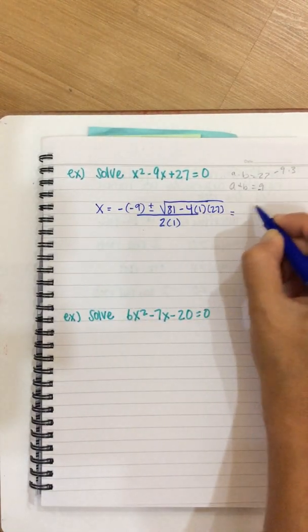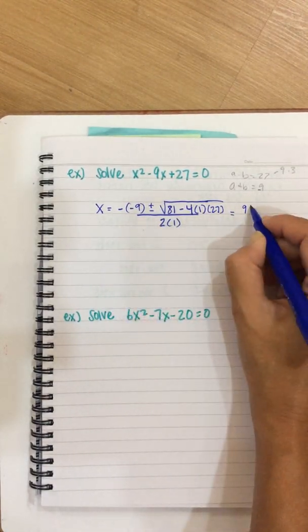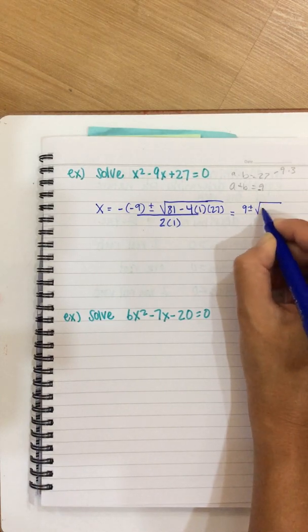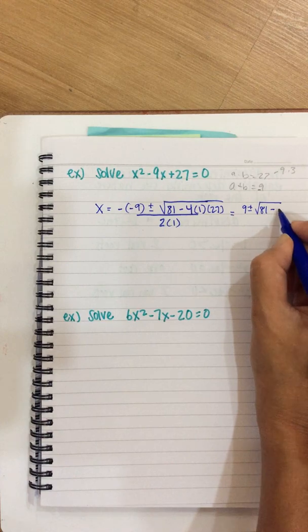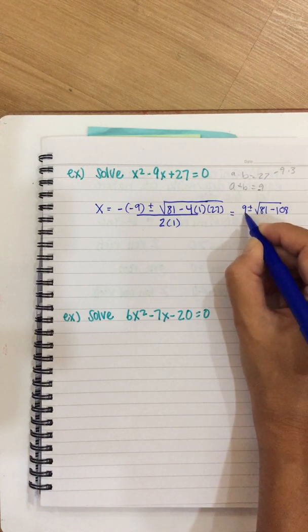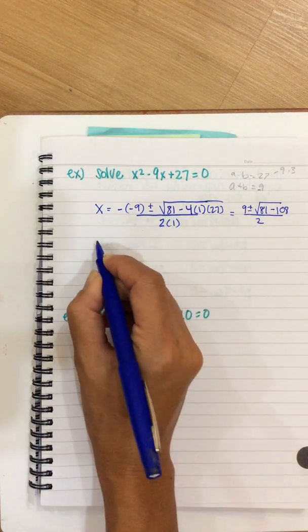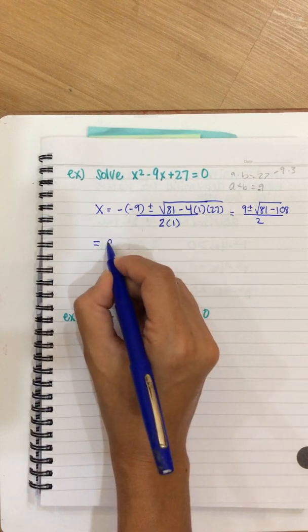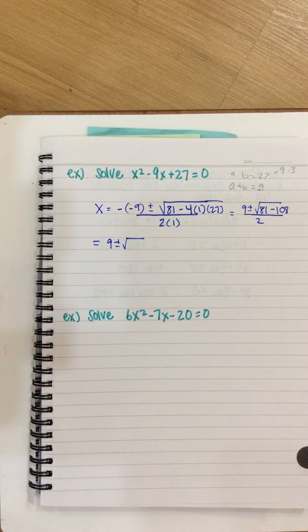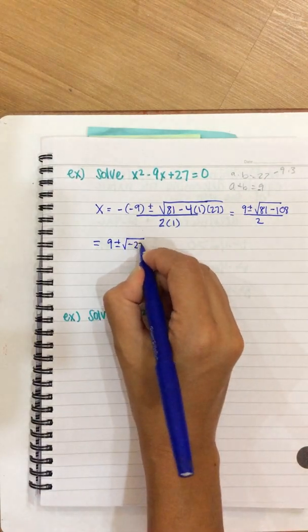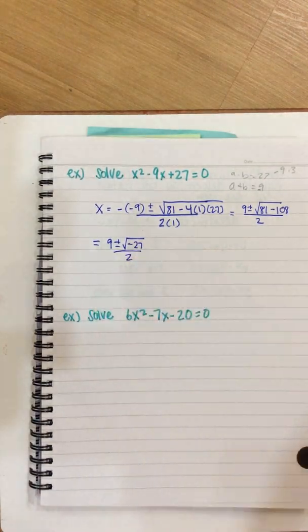So this comes out to be positive 9, plus or minus the square root of 81 minus 4 times 1 times 27, which is 108, all over 2. Then that equals 9 plus or minus the square root of 81 minus 108, which becomes negative 27, all over 2.